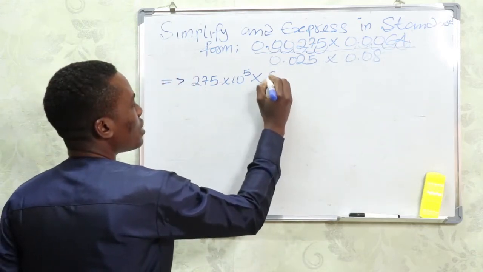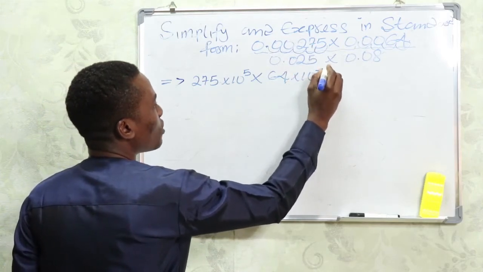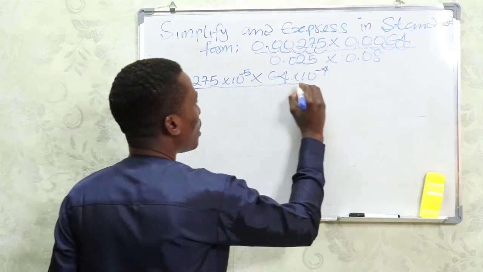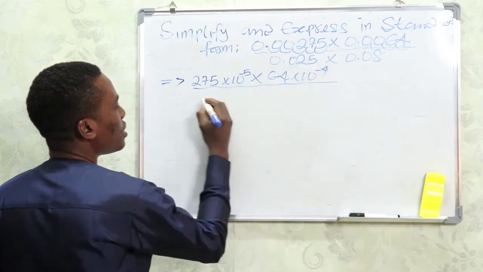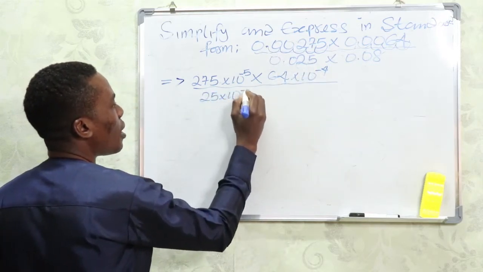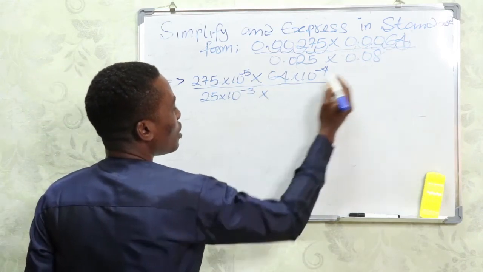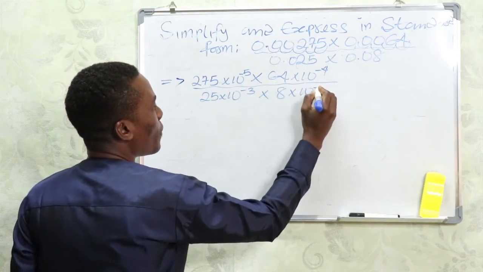That will give us 64 times 10 raised to power minus 4. Sorry, this should be minus 5. Now this will be all over. This will give us 1, 2 and 3. So this will give us 25 times 10 raised to power minus 3, multiplied by 1 and 2. That will give us 8 times 10 raised to power minus 2.